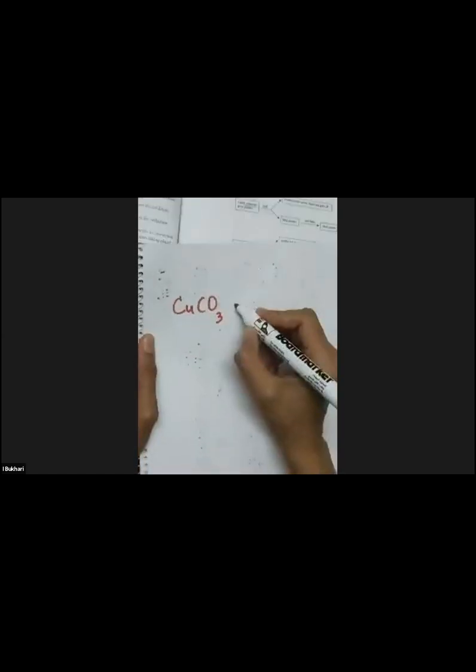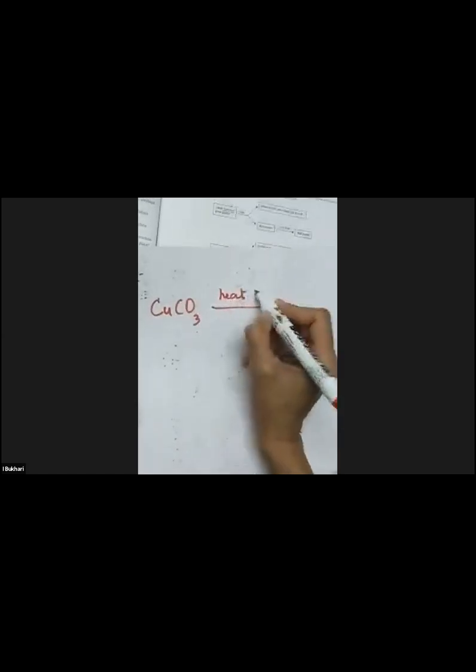Let's write down the equation here. Writing down the equation will make things easier for you. So copper carbonate, this is 2 minus, 2 plus, undergoing heat, giving us carbon dioxide. Okay, what is left behind? Carbon dioxide, CO2. What is left behind? Copper carbonate, Yusra?